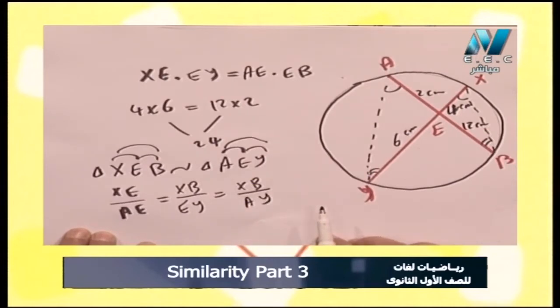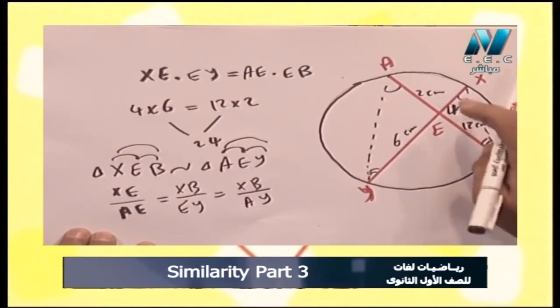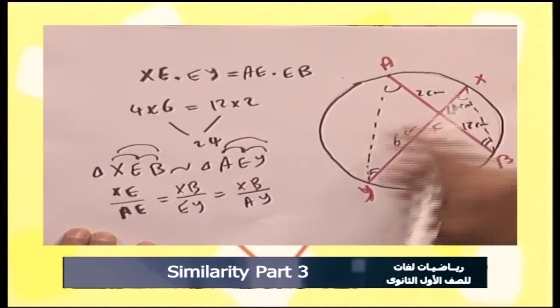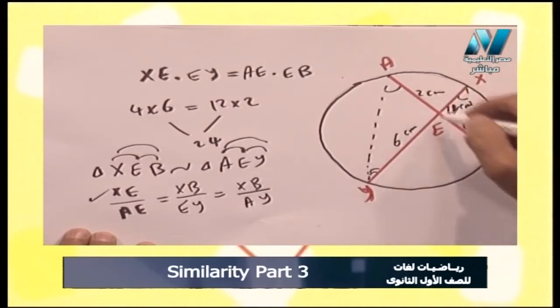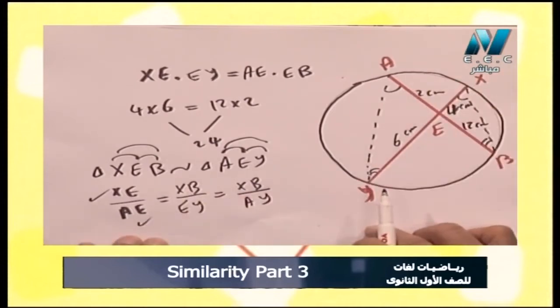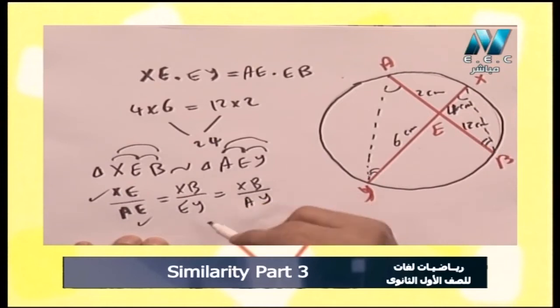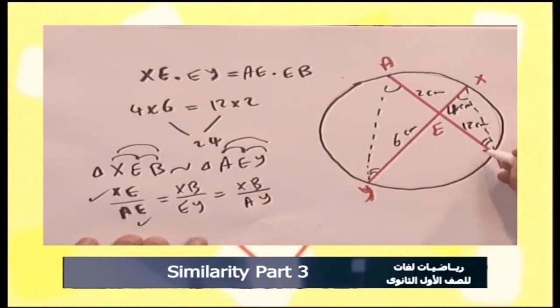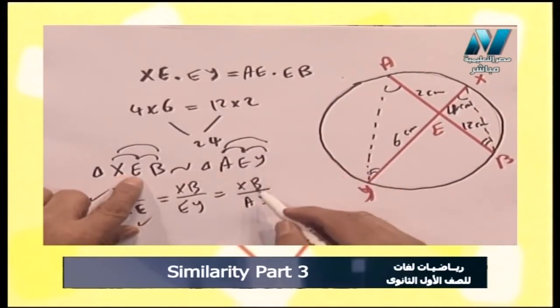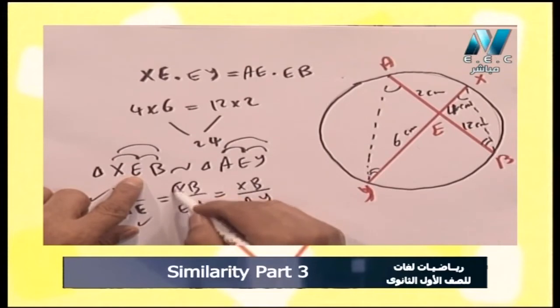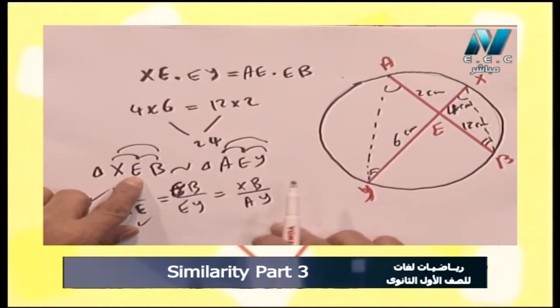And we will try to find the relation between XE, this one, and AE, this one, and EB over EY.